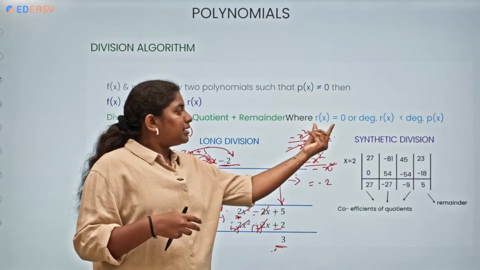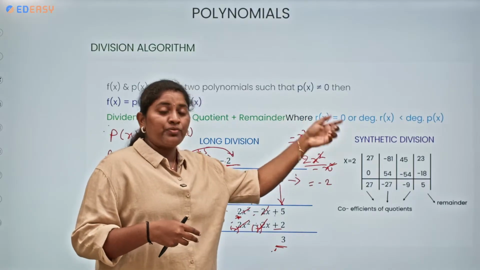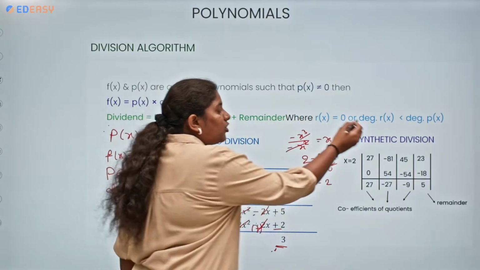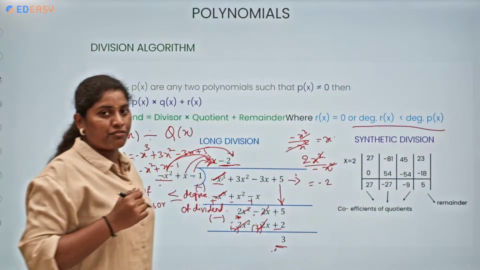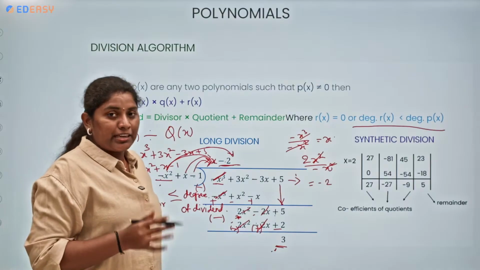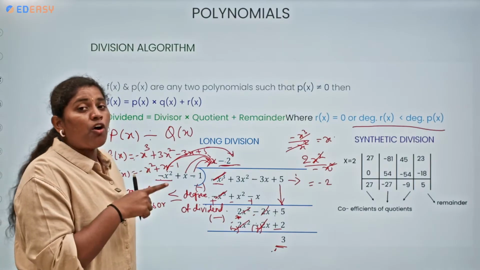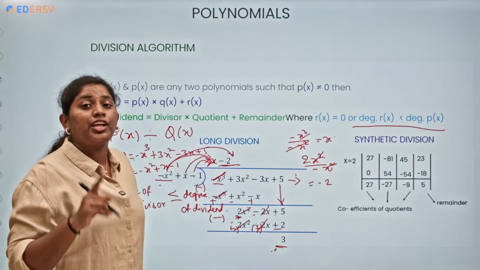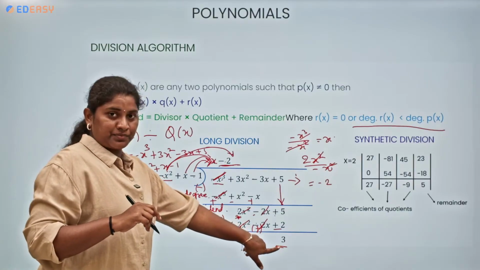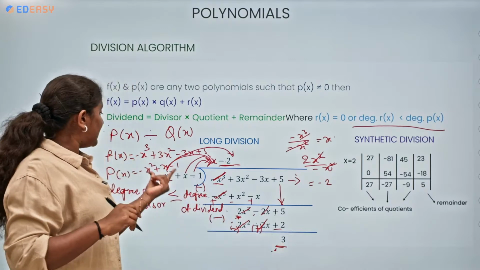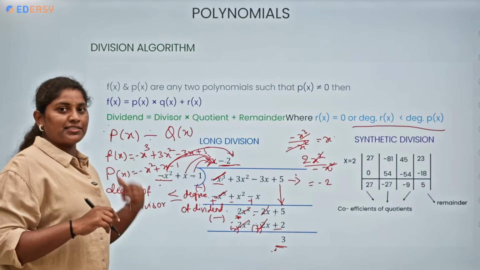You will be getting a remainder which is equal to 0, or the degree of the remainder r of x is less than the degree of p of x. It means the degree of your remainder is less than the degree of the divisor. Here I got the remainder 3, which has a degree less than your divisor.